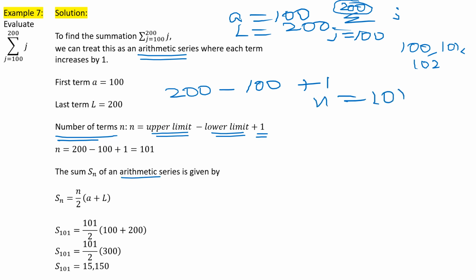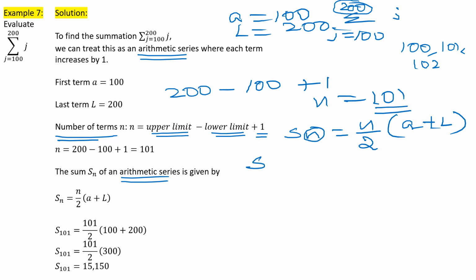So since it is an arithmetic series, we have another formula to calculate Sn. So Sn equal to n divided by 2, that is number of terms divided by 2, multiplied by first term plus last term, a plus l. So here what is n? n is 101. So I can say S101 is equal to 101 divided by 2 multiplied by a value 100 plus l value 200.